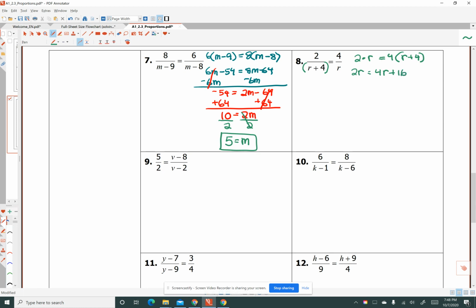So I'm going to subtract 4r from both sides. Let's change our color so we can show our steps. And on the left side, I have negative 2r equals 16. Now I'll divide both sides by negative 2. Let's not forget that negative. And r equals negative 8.